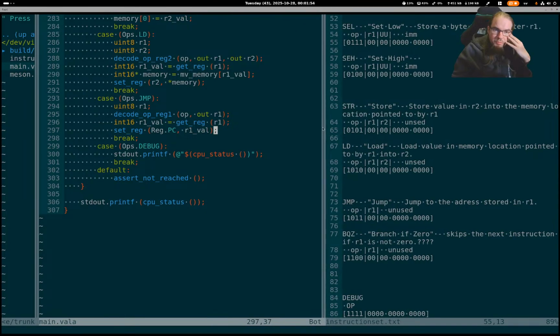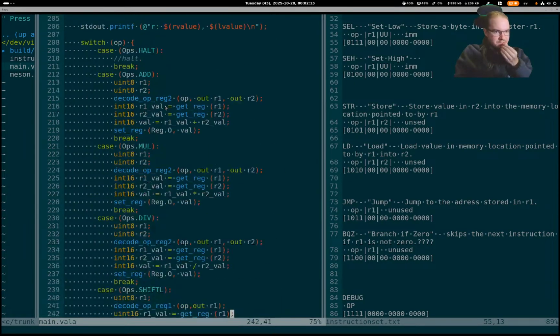It's probably not going to work because I'm basically doing it wrong. Program counter and stuff should be unsigned integers, not signed. That's a problem.